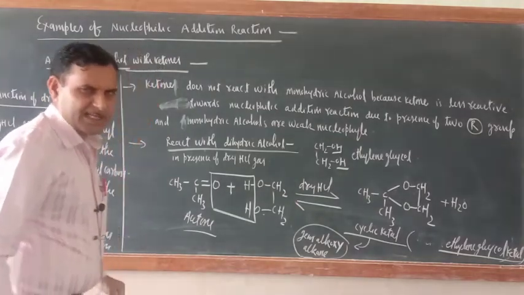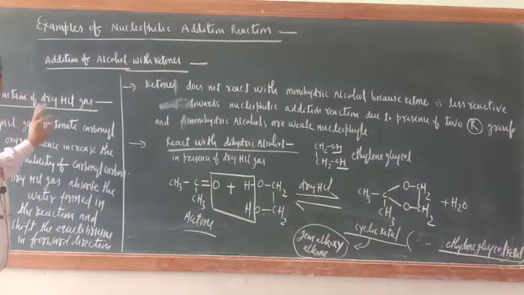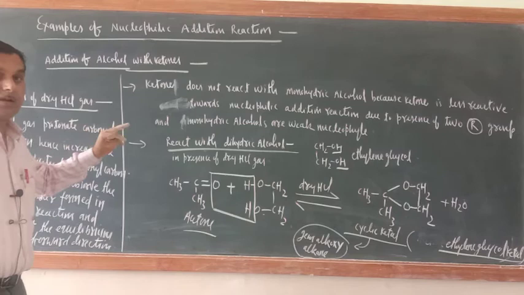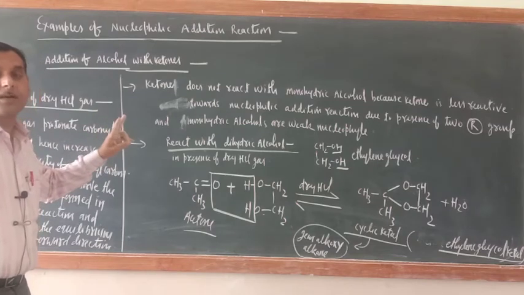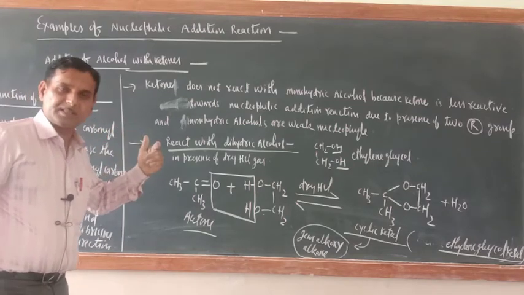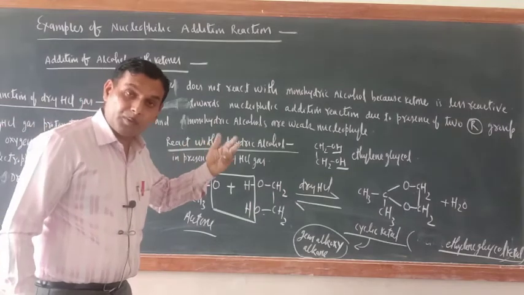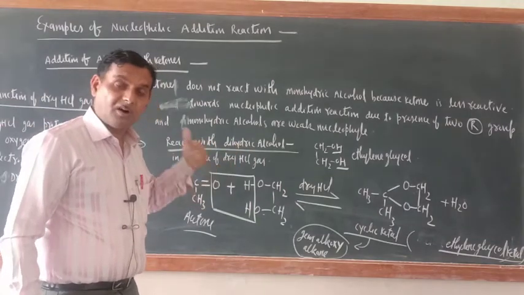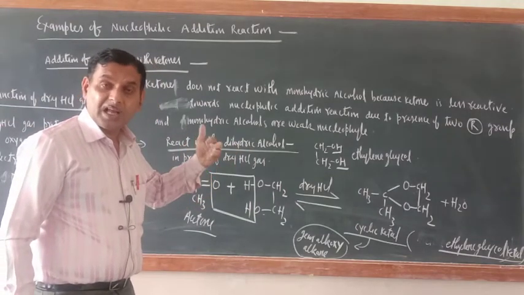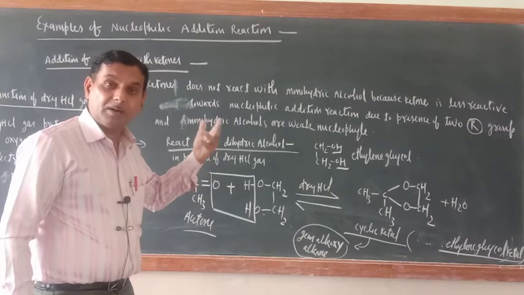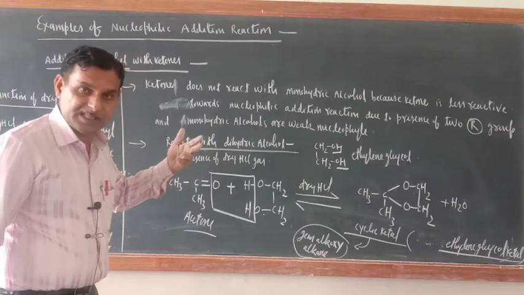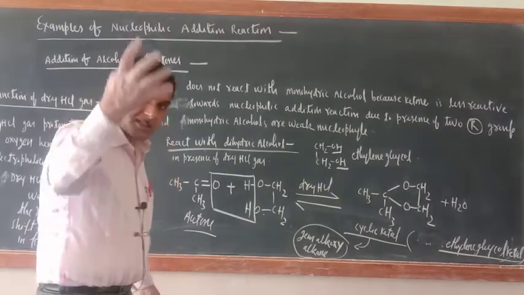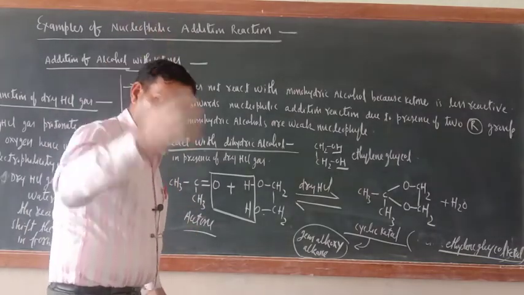Okay, and now just see, what is the function of this dry HCl gas? I told you, whenever the nucleophile is weak, then what should be the first step? Oxygen should be protonated first. Once the oxygen is protonated, the electrophilicity of the carbonyl carbon will increase, and now that will receive the nucleophile easily.